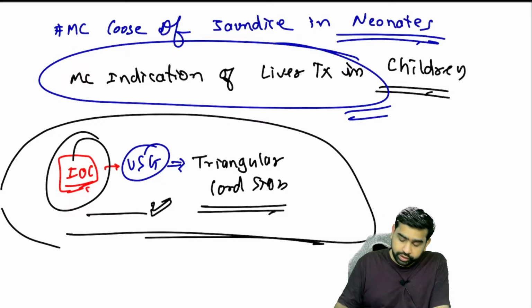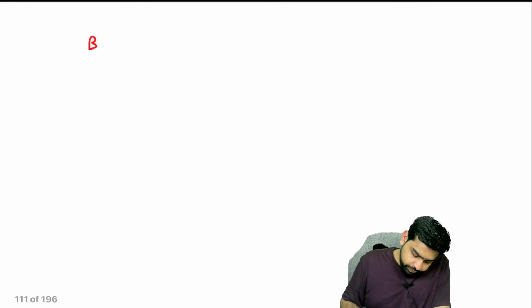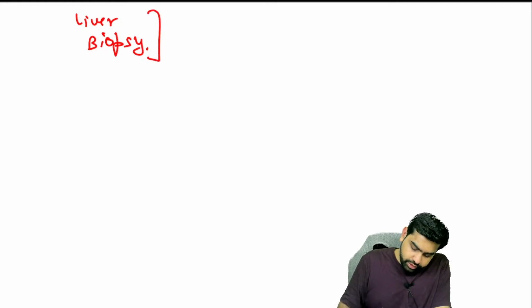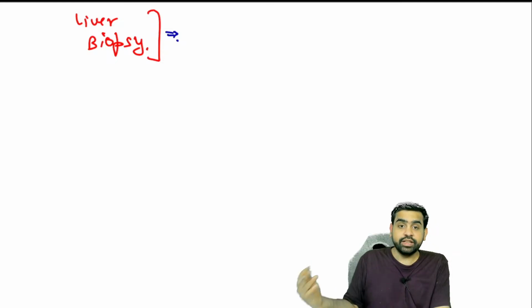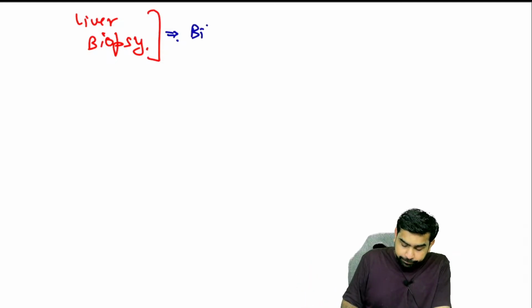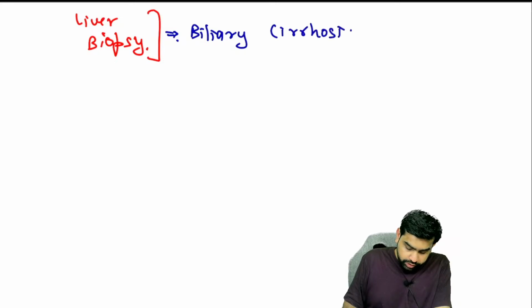Now what you need to understand is that biopsy is also a good investigation, but liver biopsy is basically done for a reason. So what do you get in the liver biopsy? What you get is a biliary cirrhosis. What do you understand with the biliary cirrhosis?